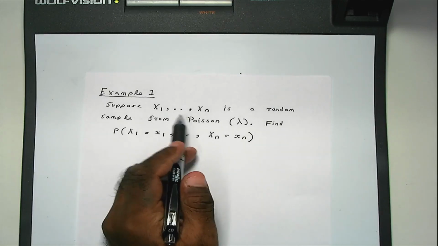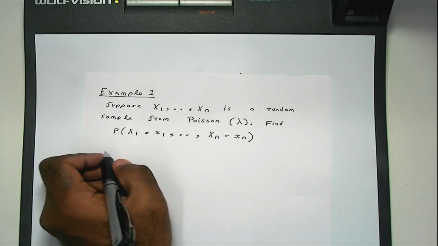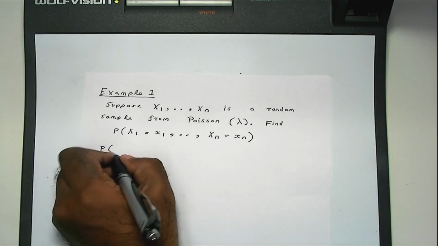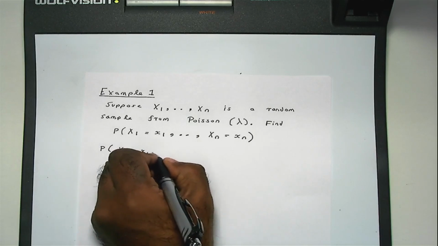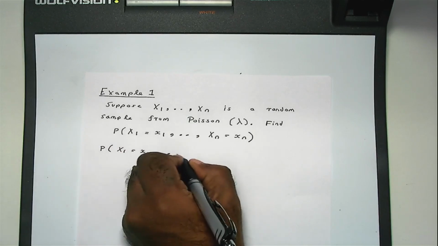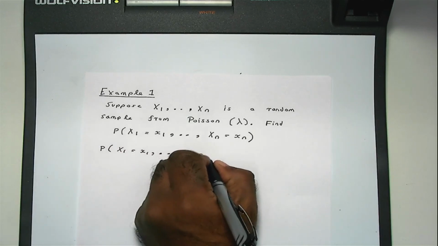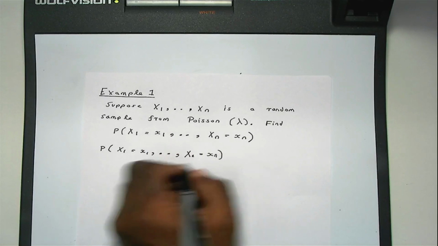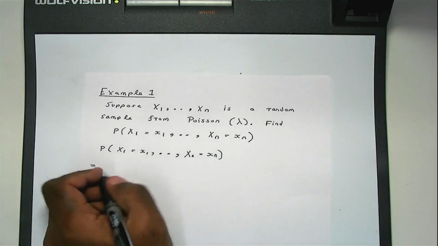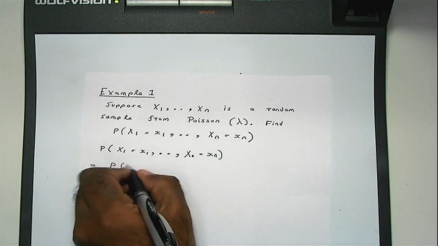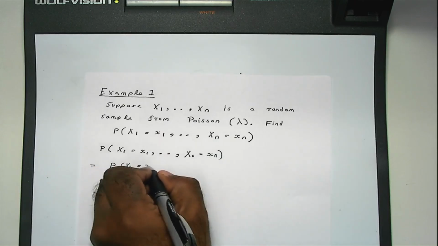So we can write the joint probability, using the fact that these variables are independent, as this.